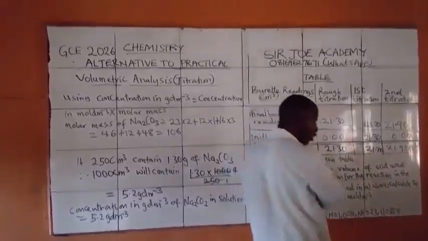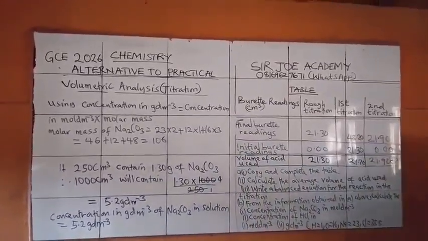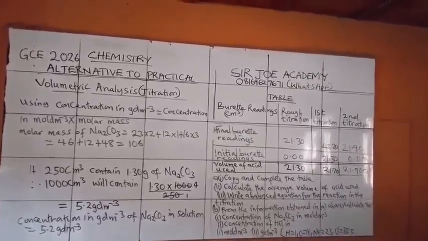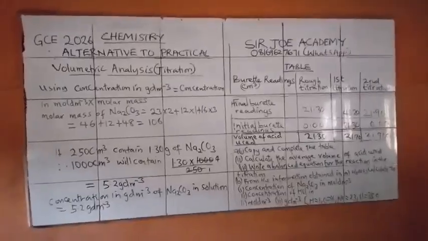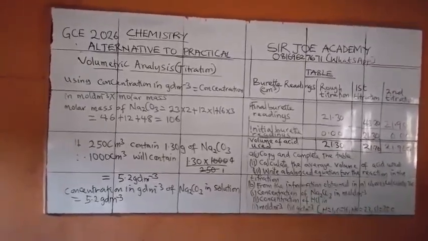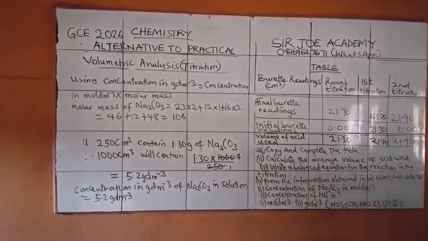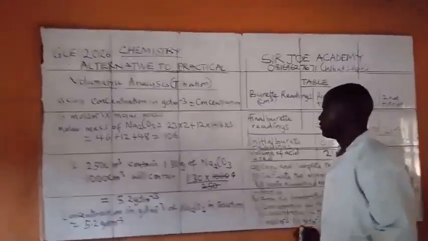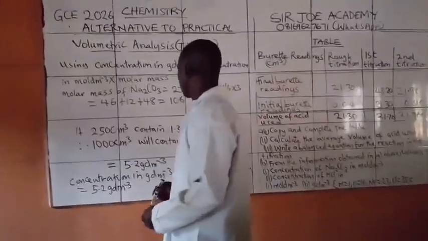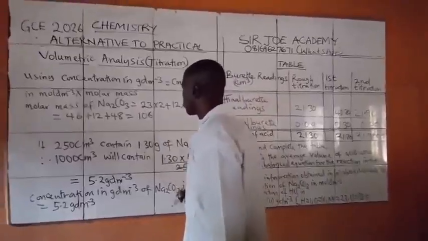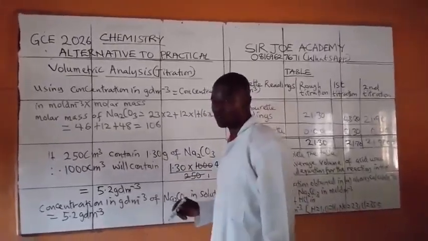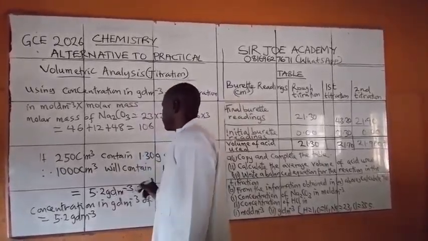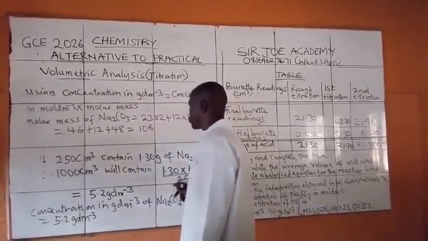That's 106. Look at it very well. I hope you have seen the calculation very well: 46 plus 12 plus 48 is equal to 106. Now, unit is very important in chemistry.